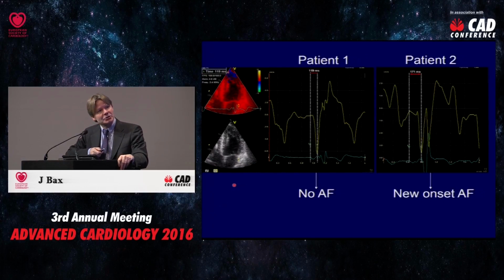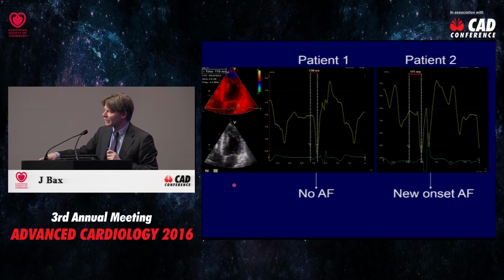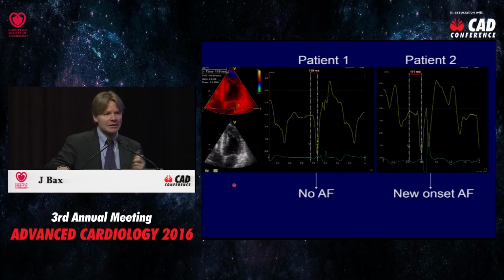Here you see a patient with a short PA-TDI, 110 I think it says there. Here you see a patient that develops atrial fibrillation. It's very easy to pick up the much longer duration. It sounds complex, this, but it's very easy to assess that in the echo lab. So you asked me how to predict, and I tell you, I think this is the way to predict what's going to happen.